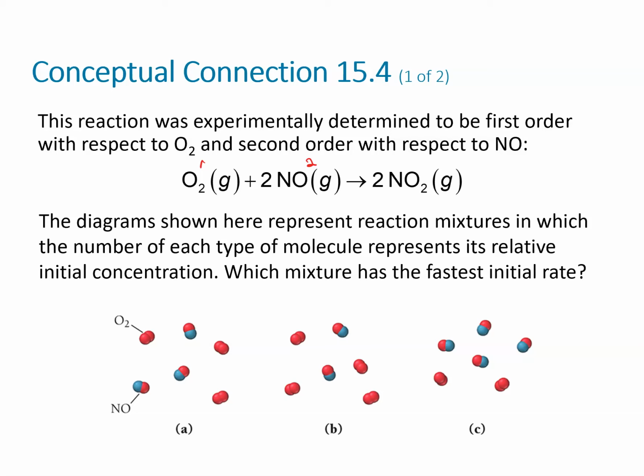Now, all these examples have the same total number of molecules of reactants, but the ratios are different. So what we're going to look for is the one which has the highest ratio of NO. And for clarity's sake, 2 reds is oxygen, and a red and a blue is a nitrogen and an oxygen. So I'm going to gravitate right towards C, where we have a 4:2 ratio of NO to oxygen.